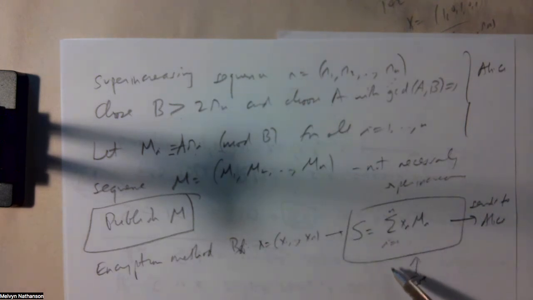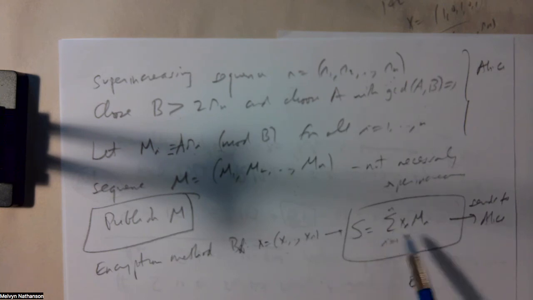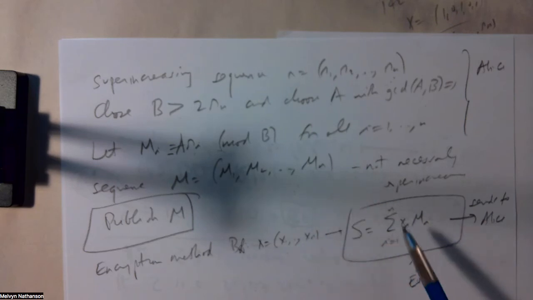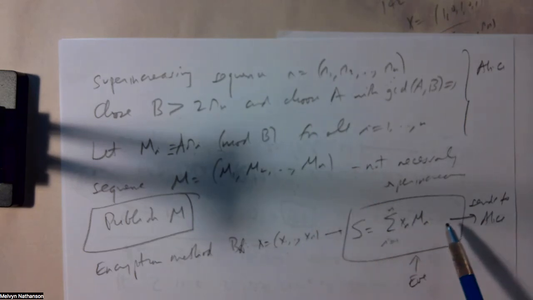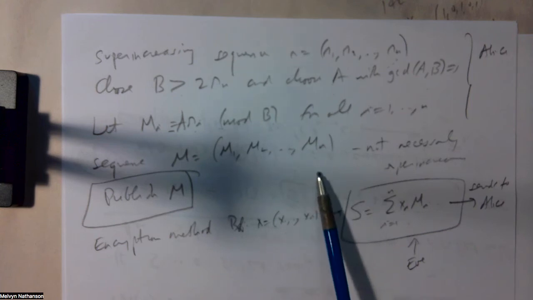And the only way Eve can find this number S would be to actually find the subset sum that gives you S. And that's a hard problem. So just the way the discrete logarithm is hard and factoring an integer is hard, if you know a number is a subset sum of integers in a set, to find those integers that you add together to make up the number, that's hard. So Eve doesn't know what to do.